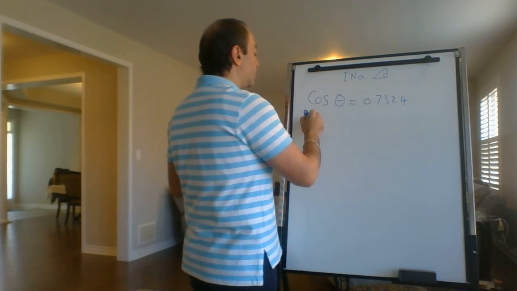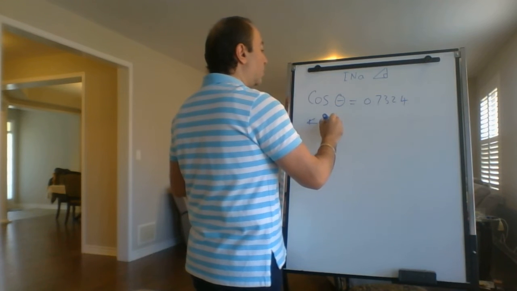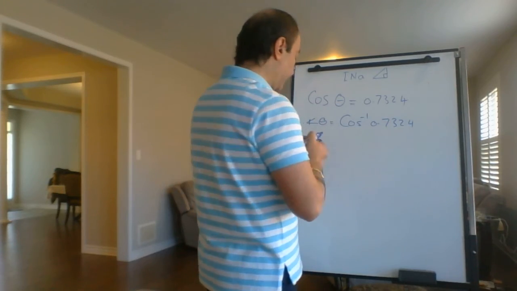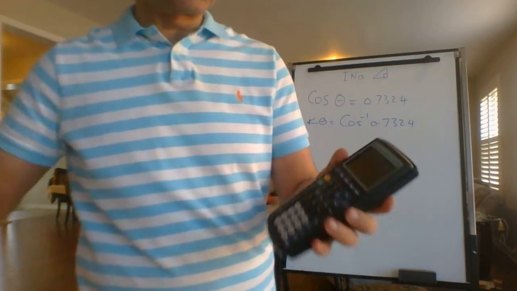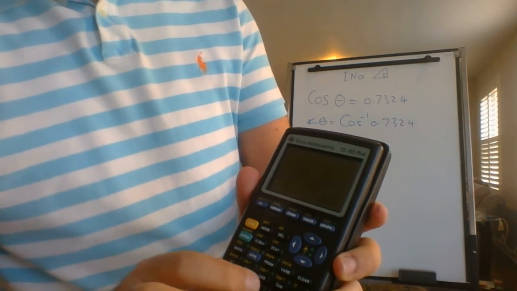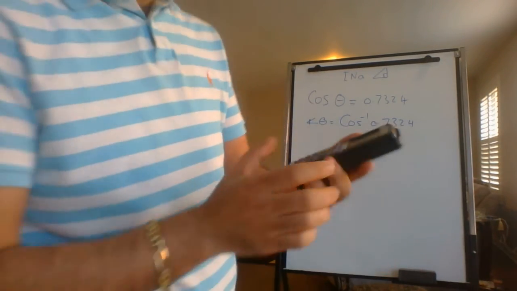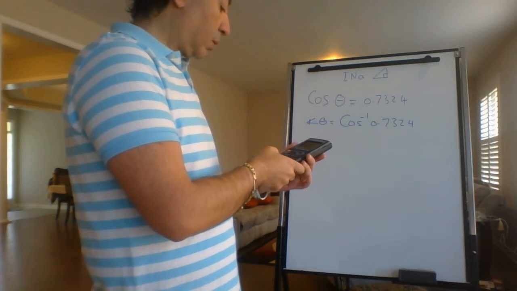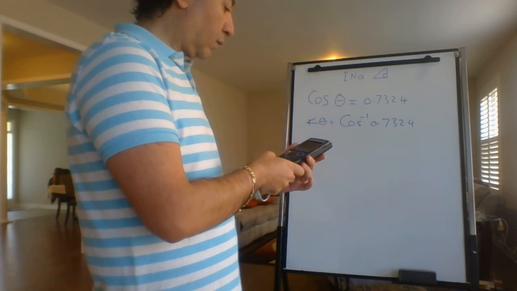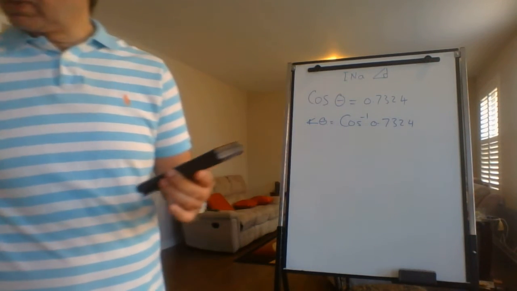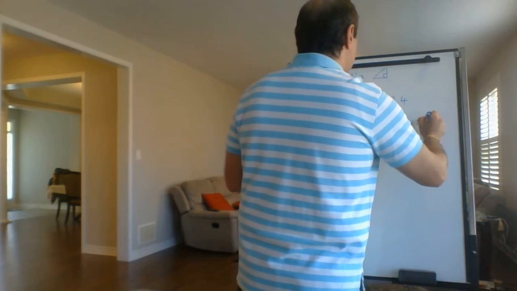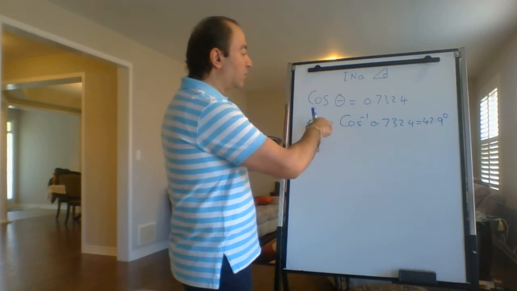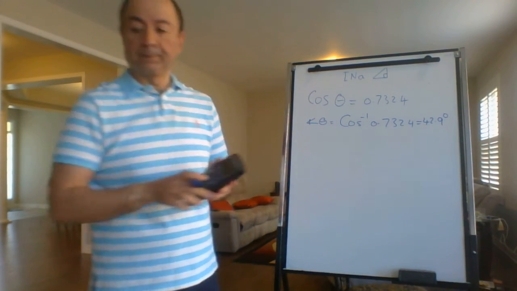So I would say the measurement of angle theta will equal cosine minus 1, I use inverse, then cosine, then I write the ratio that I have here, the decimal, 0.7324, and I hit enter, and that will give me the measurement of the angle, 42.9 degrees. Okay, so in order to find the measurement of the angle, we use cosine minus 1.